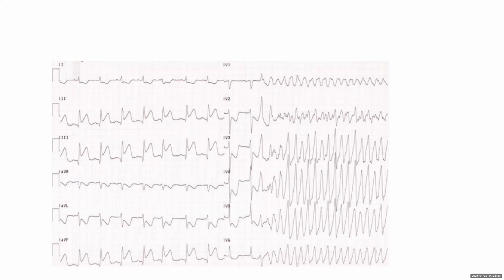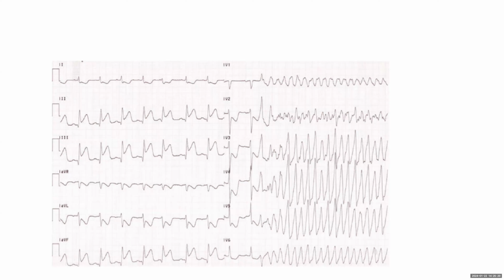But it is not similar to AVF. Islam, I don't know, but it is the same beat in V6, a sinus beat. So essentially you have sinus, sinus, sinus, sinus, and then polymorphic VT. And this is classic for ischemic polymorphic VT.